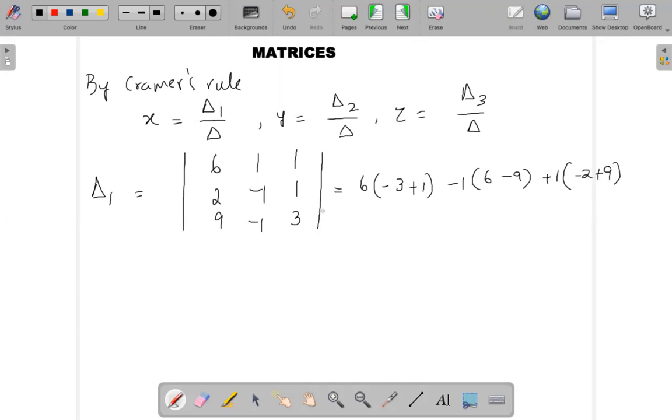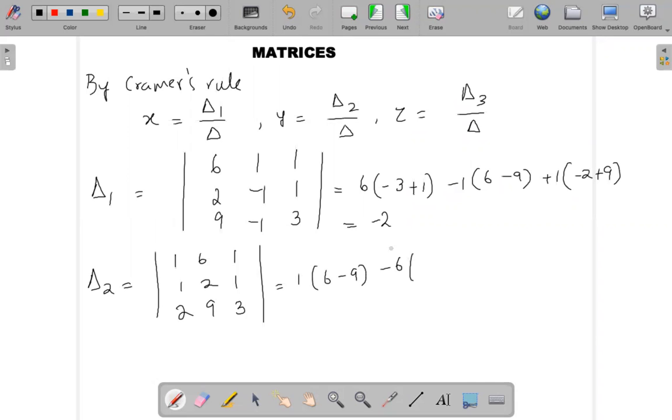So this is 6 minus 9 and minus 6, and 3 minus 2, and this will be 9 minus 4. So you get this as minus 4.